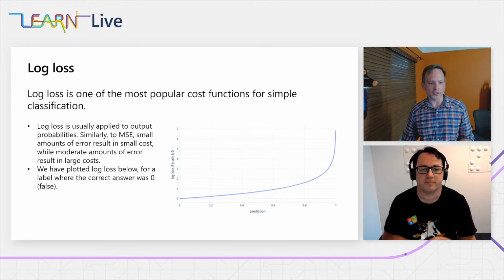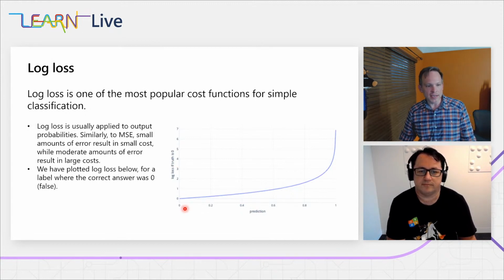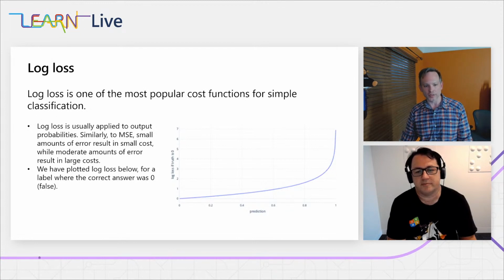And that's what this error function does. You can see that what I actually have here is the loss. This is mapping, if I was supposed to be a 0 and I predicted a 1, or if I was supposed to be a 1 and I predicted a 0, what's the actual loss going to be? And you can see as we're much farther away, we're punishing it much more.